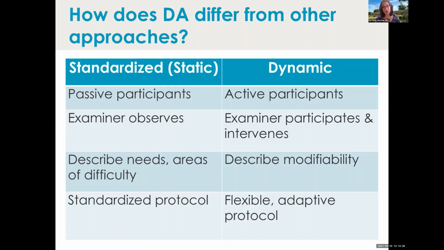So the examiner has a very neutral stance on what they're doing. The examiner's role is to really observe what the child can do pretty independently. Standardized tests are also used to describe needs or areas of difficulty, and it's given in a really standardized way so that you give that measure the same way every time you give it to a different child.